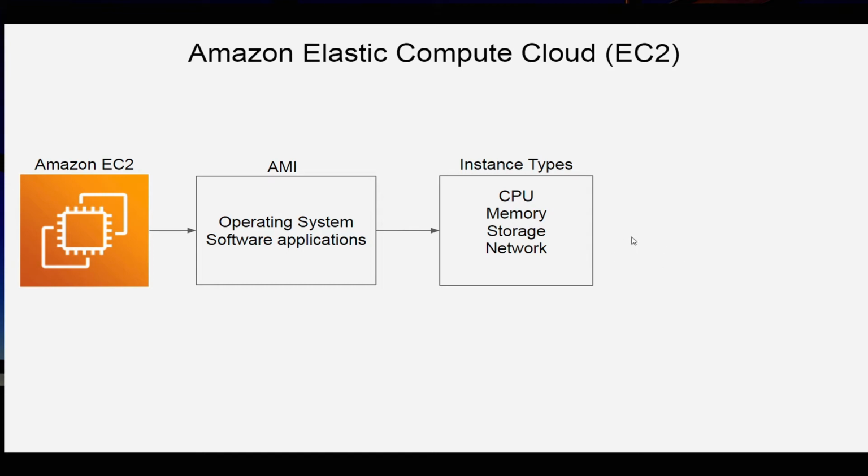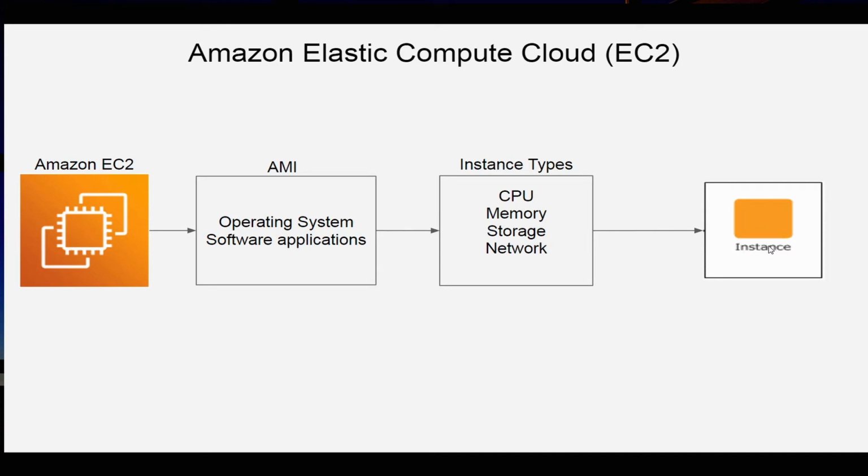Once you specify the AMI and instance type plus some other configurations, you'll be ready to launch your instance, which is a virtual server. If you don't understand the AMI and instance type in detail, don't worry. We'll cover them in detail in the next videos. So I think it's very clear.